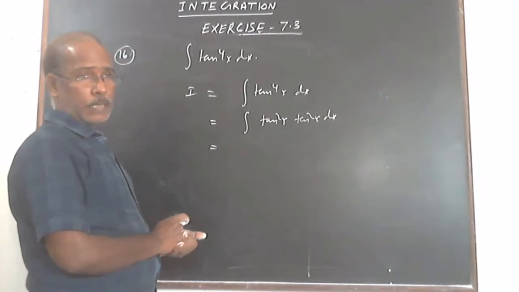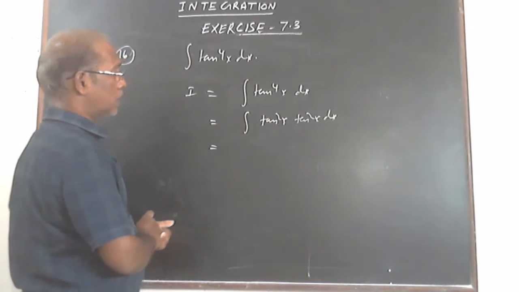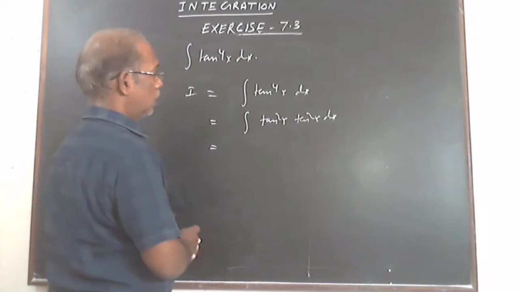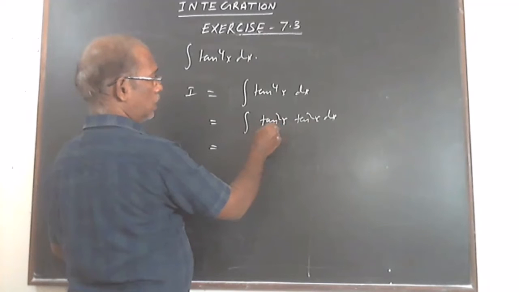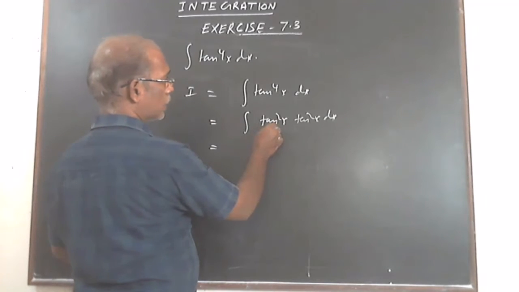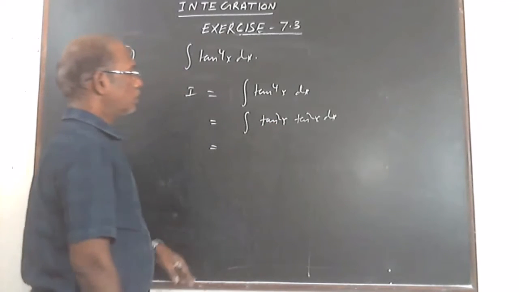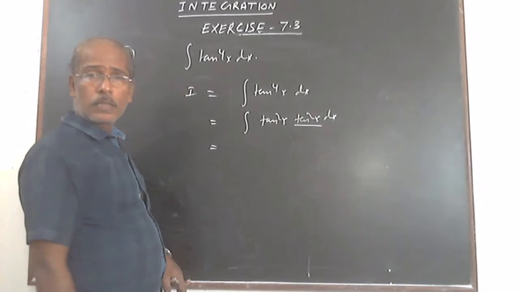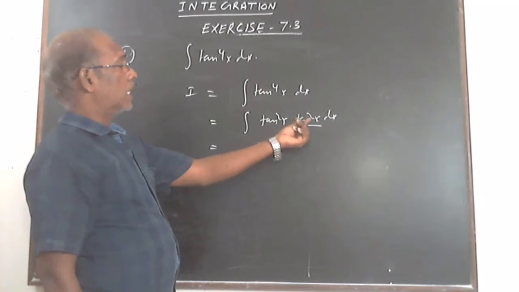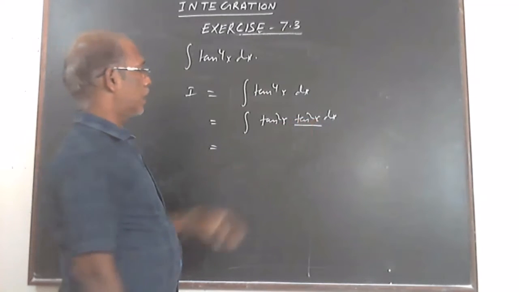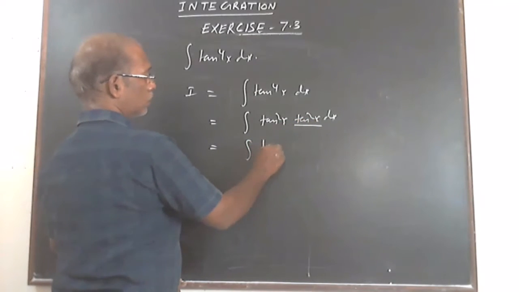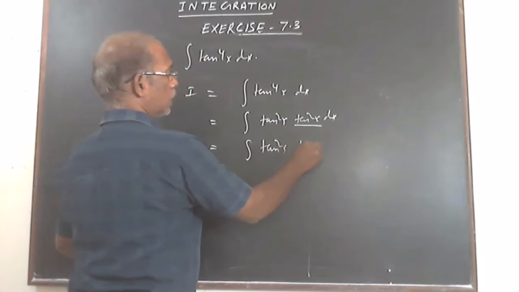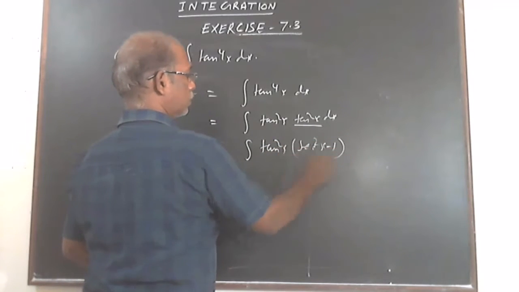The derivative of tan x is secant square x. Tan square x is secant square x minus 1, so we have (secant square x minus 1) into tan square x.